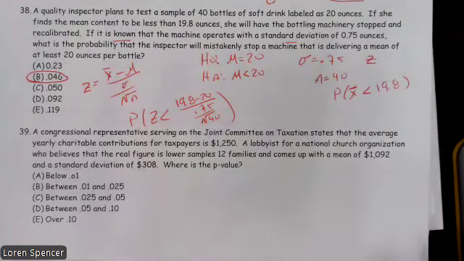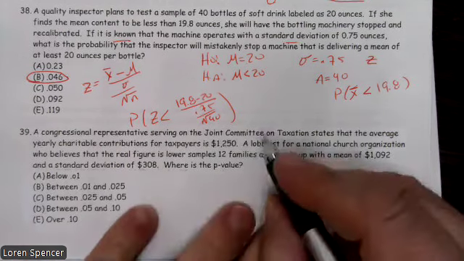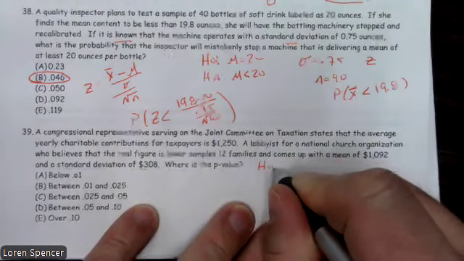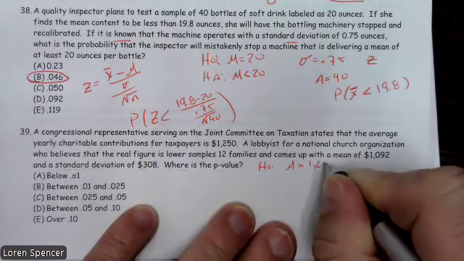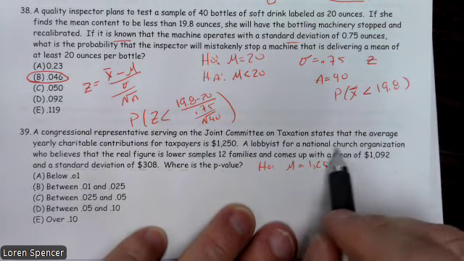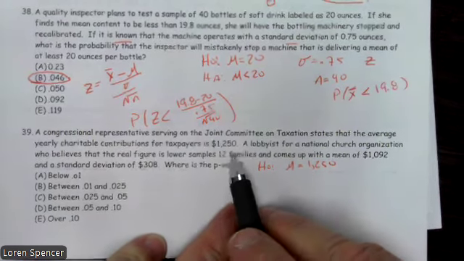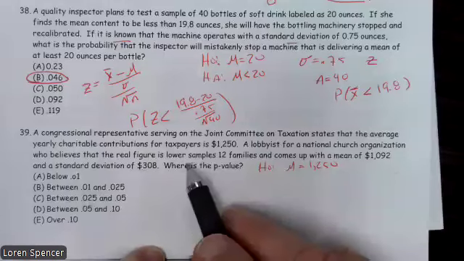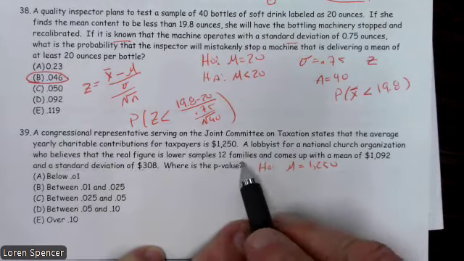39. A congressional representative serving on the Joint Committee on Taxation states that the average yearly charitable contributions for taxpayers is 1,250. So the H0 is mu equals 1,250. That's the claim. A lobbyist for a national church aid organization believes the real figure is lower and samples 12.